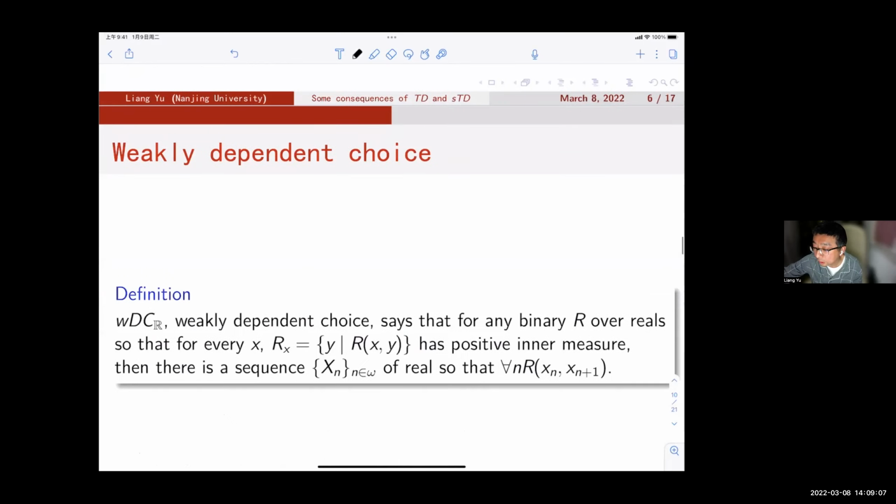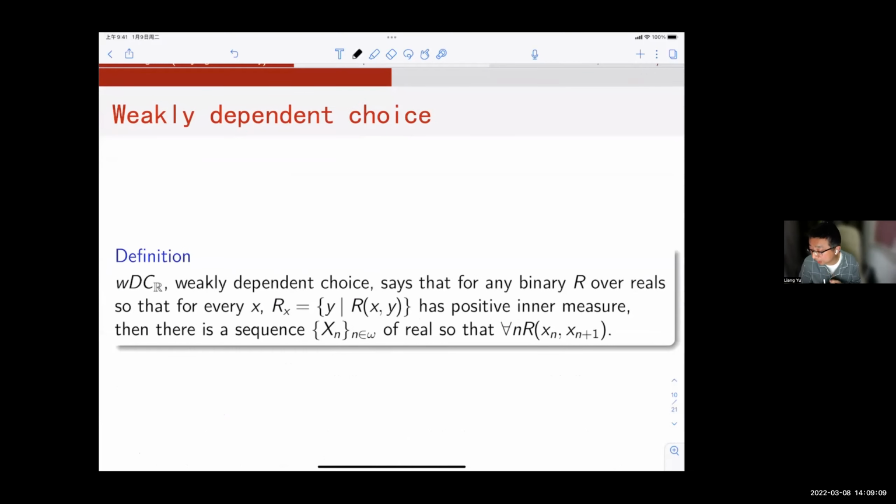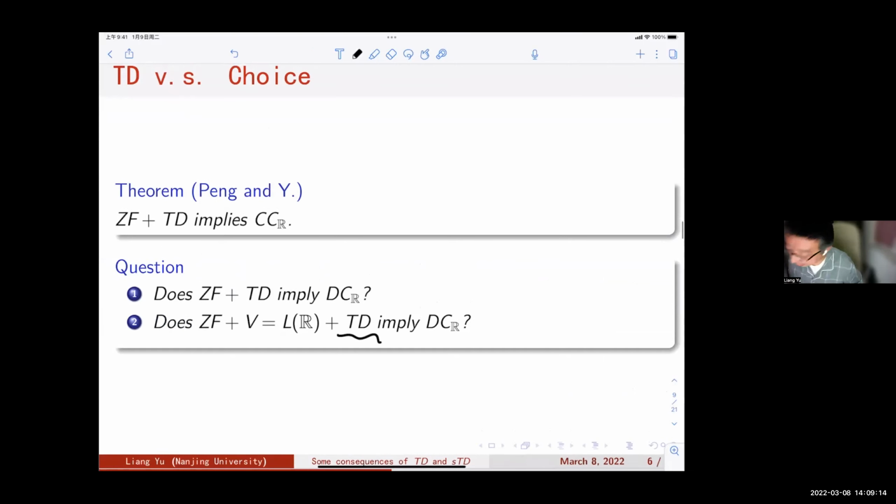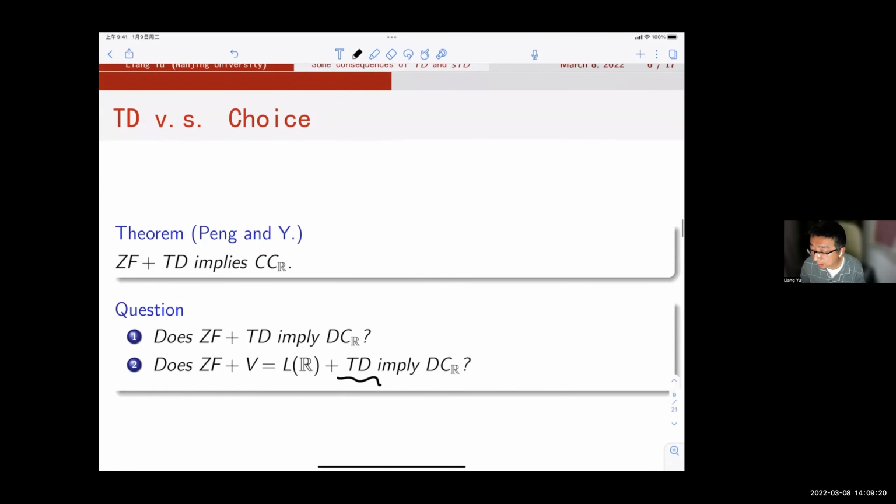Okay, let's look at weakly dependent choice. Before that, let me give some remarks about how to apply recursion theory to set theory. Mostly we focus on measure theory, category theory, or other properties of sets of reals, with CC_R plus ZF.